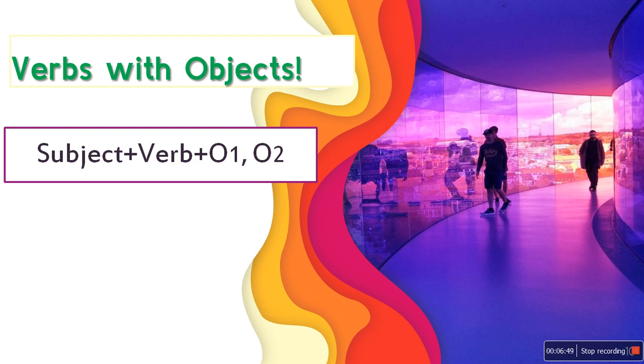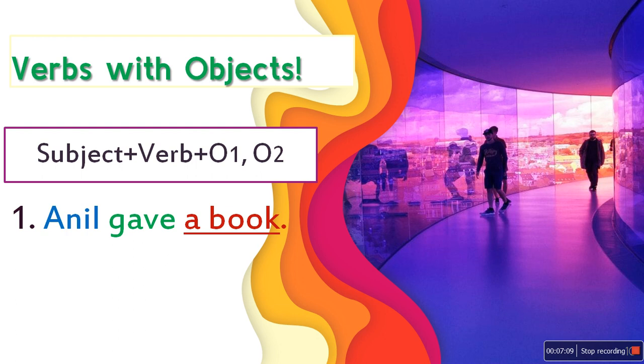So if this verb has only one object, a direct object, that verb is called transitive verb. Mostly all the verbs having objects are called transitive verbs. Clear? I'll give you one example. Anil gave a book. Anil is a subject, gave is a verb, a book is an object. So in this, the verb is give.